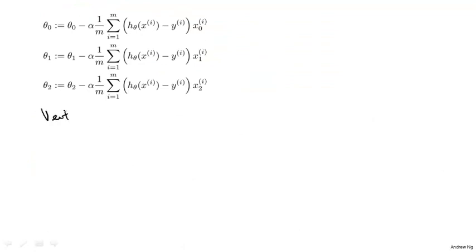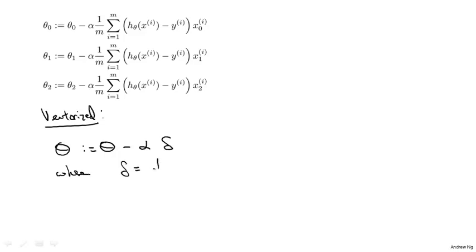Here's how we can come up with a vectorized implementation, which is I'm going to treat theta as a vector, and I'm going to update theta as theta minus alpha, my learning rate, times some update lowercase delta, that's the lowercase Greek symbol delta, where I'll just tell you what delta should be.